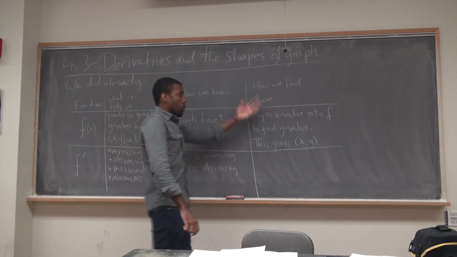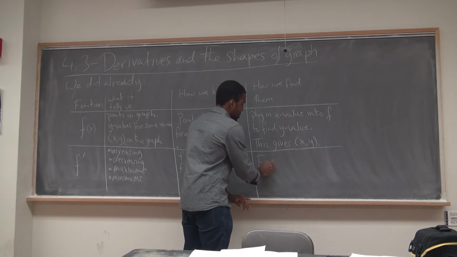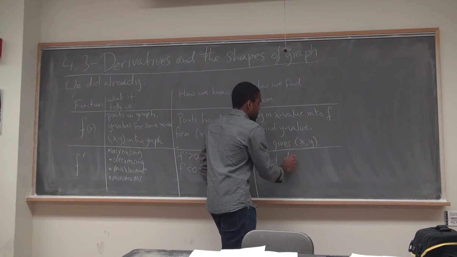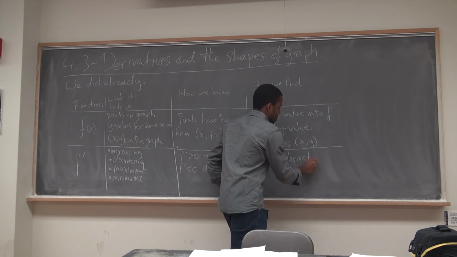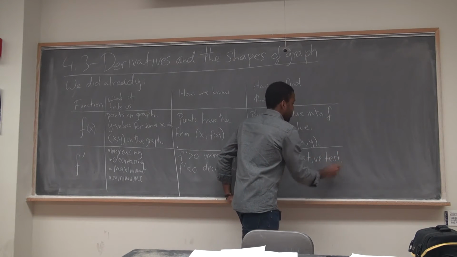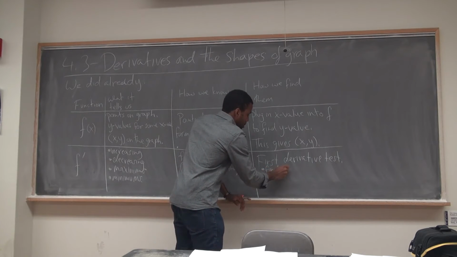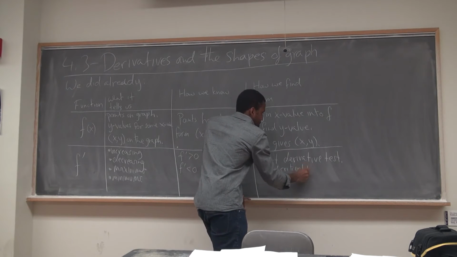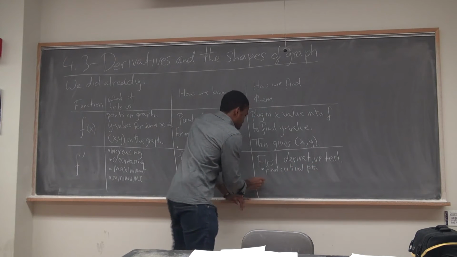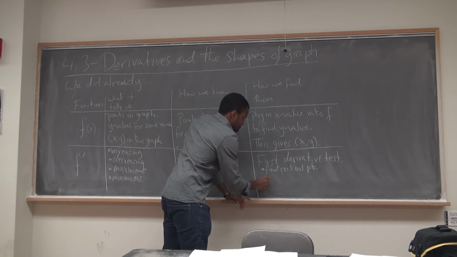And basically, how would you find them? The first derivative test is how you figure it out, which we covered last time. You find critical points, put them on a number line, and test the values between them.